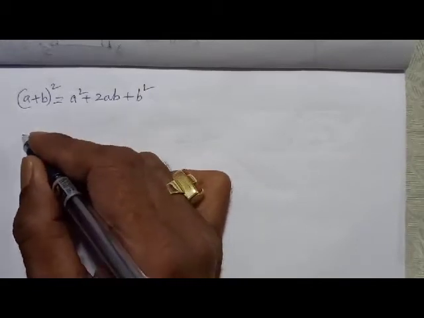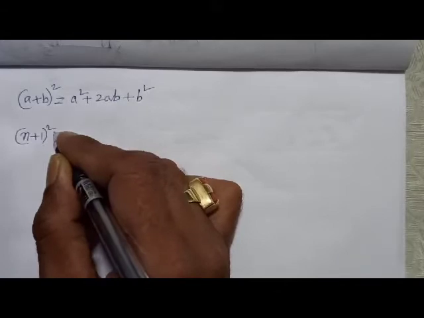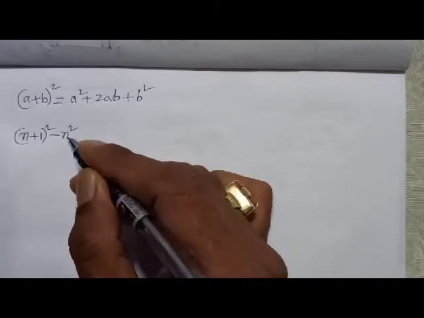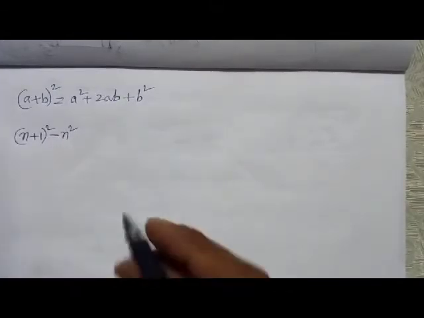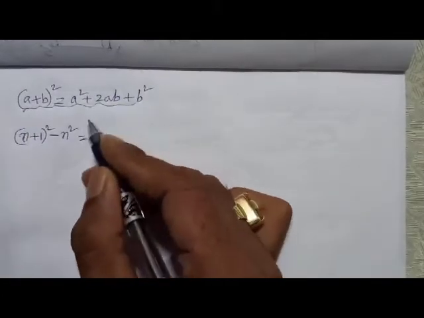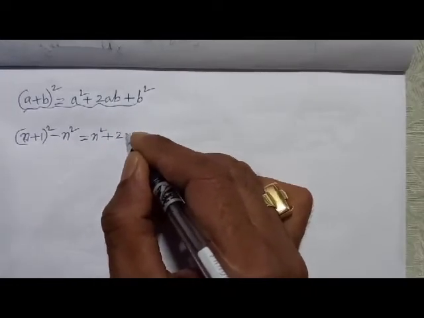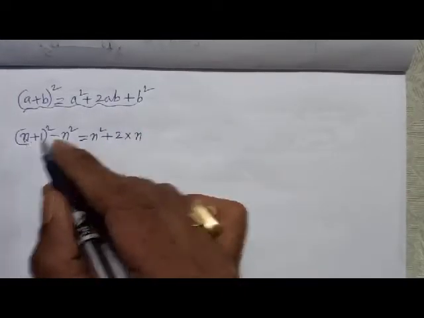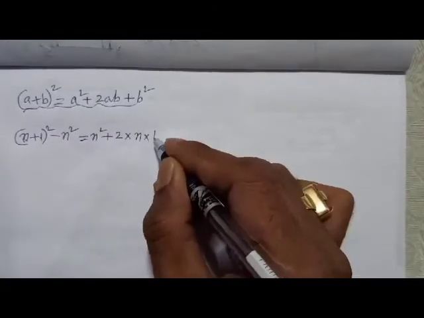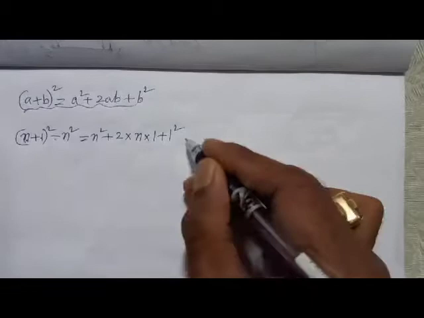n plus 1 whole square minus n square. Using the formula, (n plus 1) whole square is n square plus 2 times n times 1 plus 1 square, minus n square.